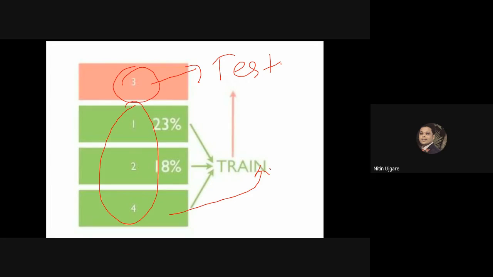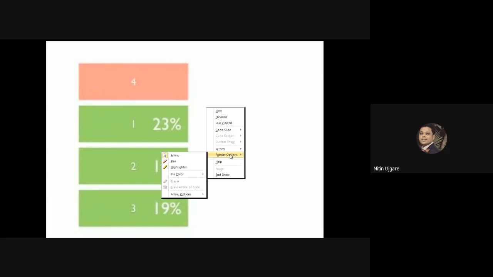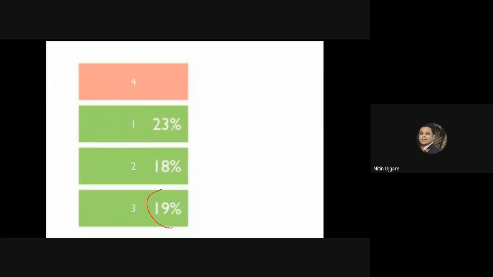Then I calculate the error rate for the third iteration. Error is always calculated on the test data set, so the third fold is used to calculate the error rate of the model. We found that the error rate for the third model is 19%.